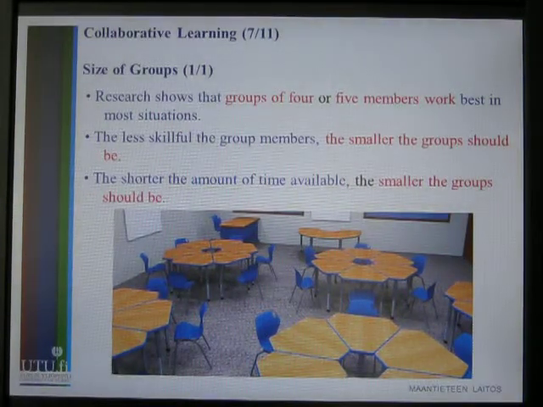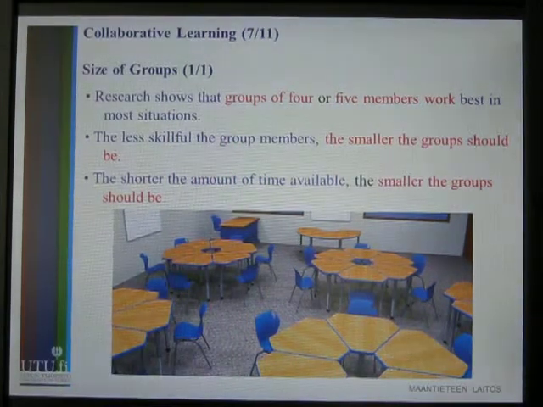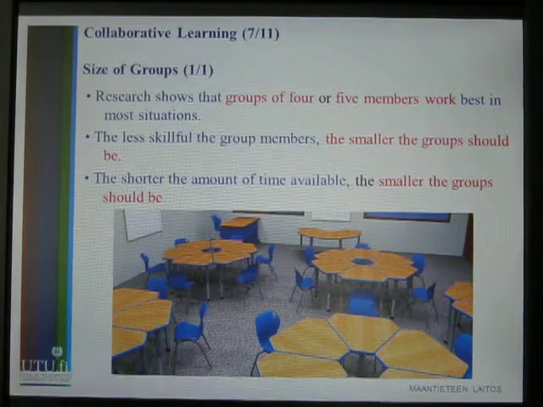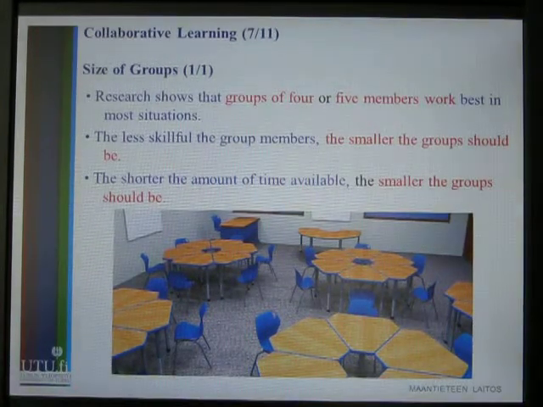The other parameter that determines the number of members of each group is the amount of time available. So the shorter the amount of time available, the smaller the group should be, to give your students the opportunity to do their job.